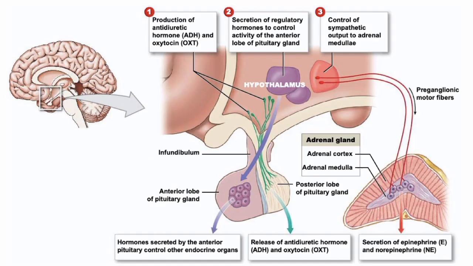All right, and finally, number 3. The hypothalamus contains autonomic nervous system centers that control the adrenal medullae through sympathetic innervation, a direct path all the way to the adrenal medulla.